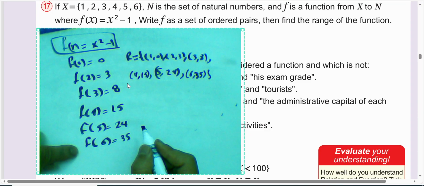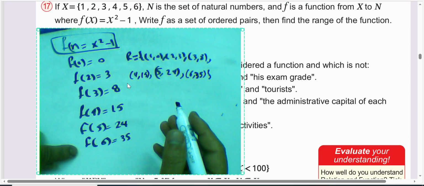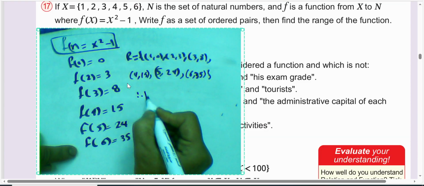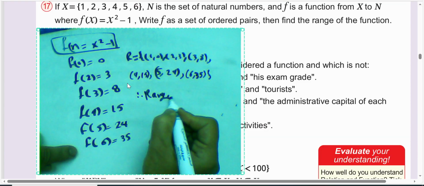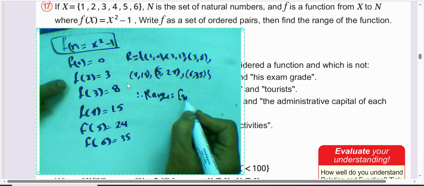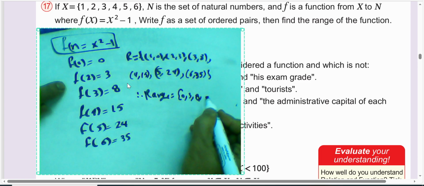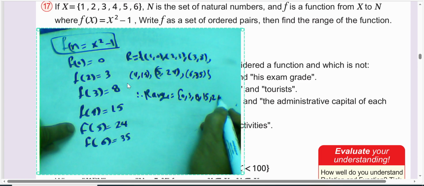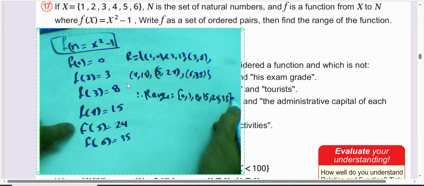Okay, the relation here. Then find the range of the function. The range will be the second elements: 0, 3, 8, 15, 24, and 35.